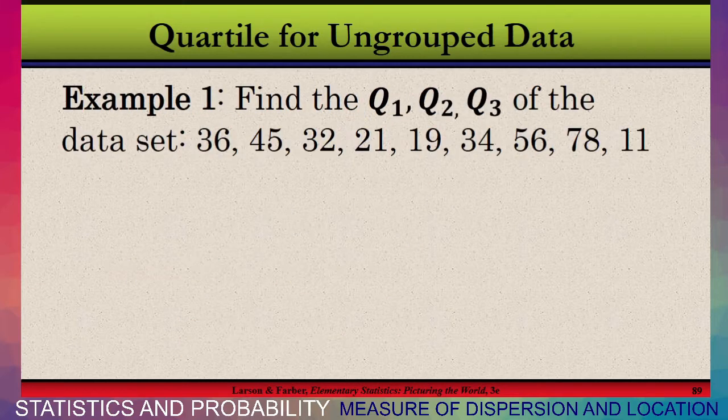So, example number 1, find the Q sub 1, Q sub 2, Q sub 3 of the dataset 36, 45, 32, 21, 19, 34, 56, 78, and 11. So, hanapin natin si quartile. So, bale, tatlo yung ating kukuning quartile location.